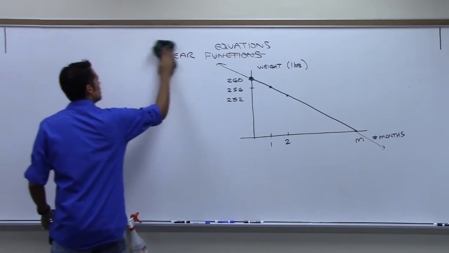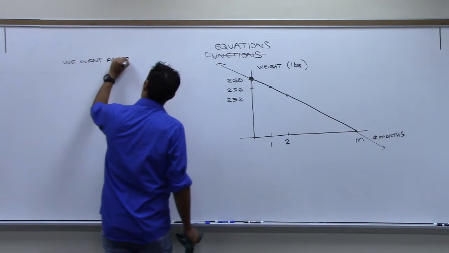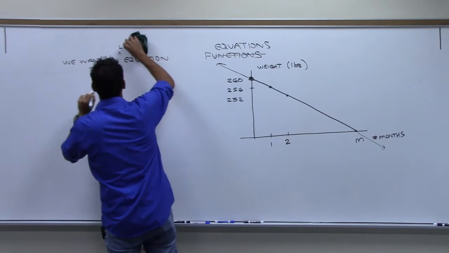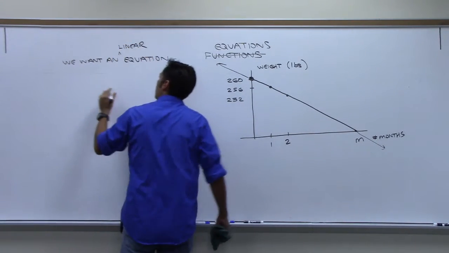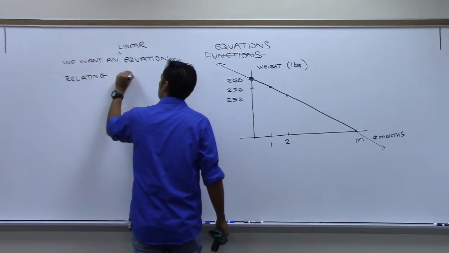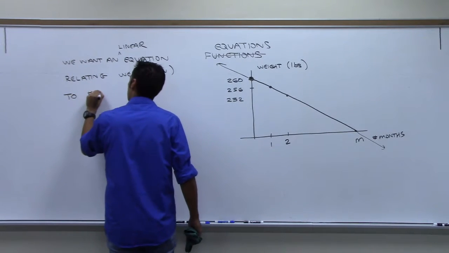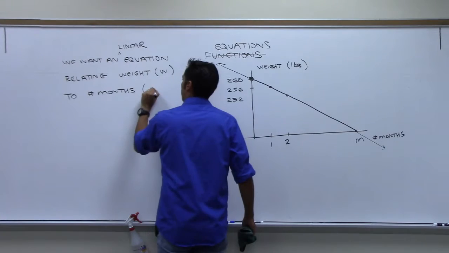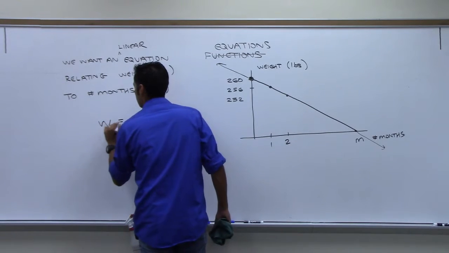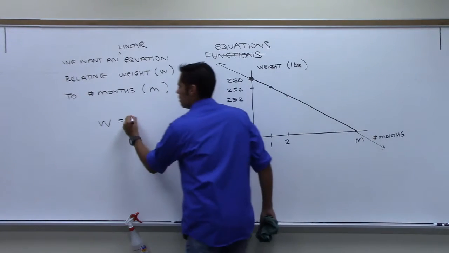Let me try and come up. So we want an equation, linear, relating his weight, which we will call W, to the number of months, which we will call M. So his weight should be equal to what? 260 is what he starts at.